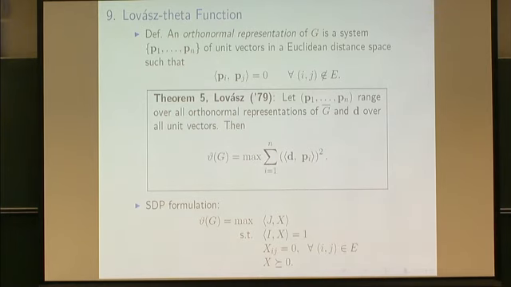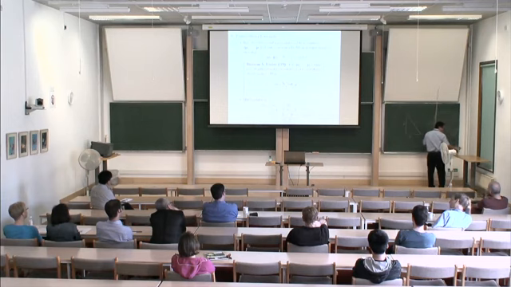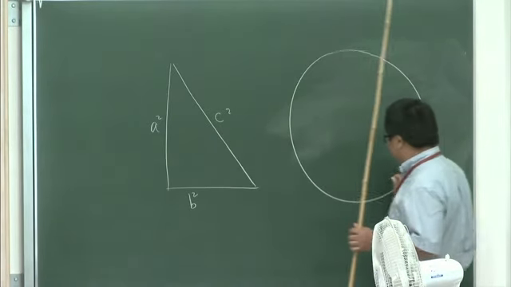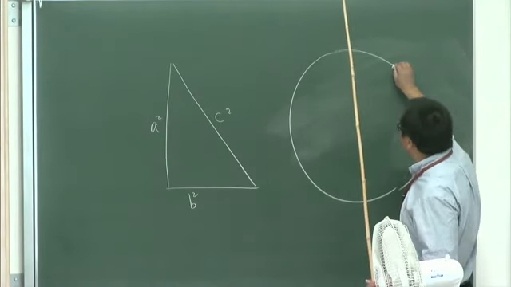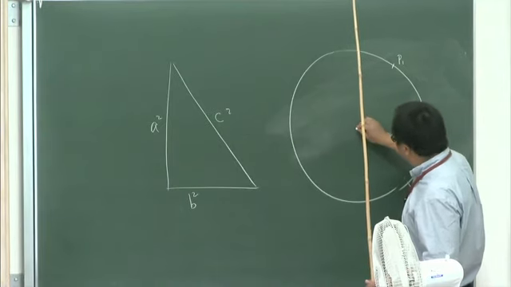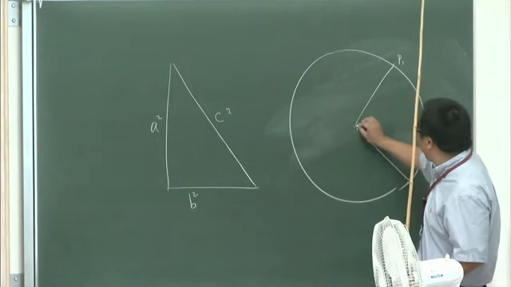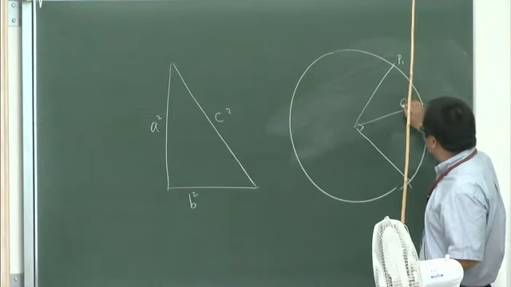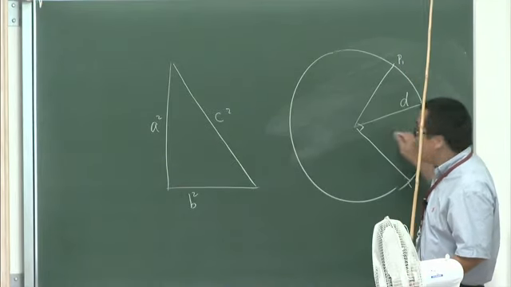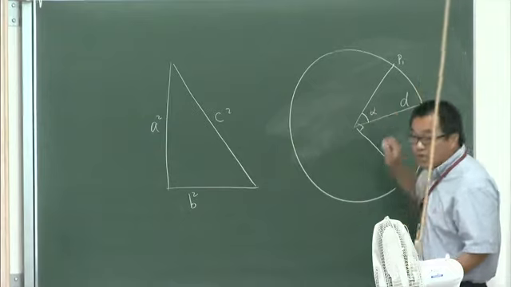What if you draw a picture? So this is the sphere. You have the points, and some of the points have to be orthogonal to each other, and you want to find a d, another unit vector on this sphere, so that you maximize this angle.